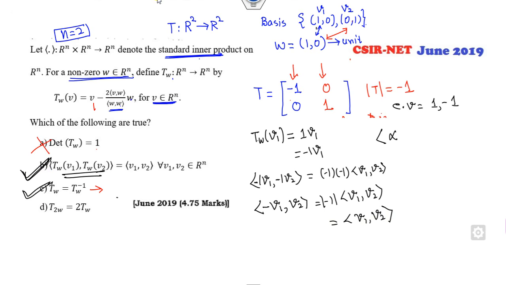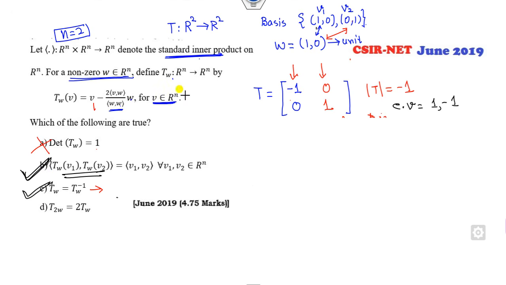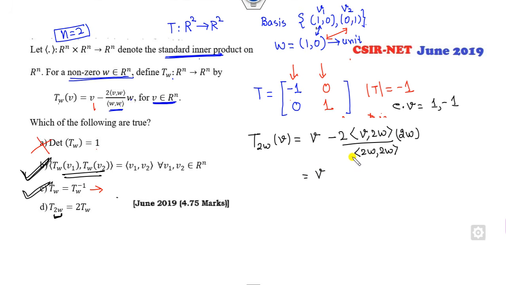Look at this another one. Look at the last option. What is that? We needed 2 times w. Fine. So I have to first replace this vector here. It's v minus the inner product of v and 2w divided by the inner product of 2w and 2w. Fine. So I can do this. This is my 4. I can take 4 common.